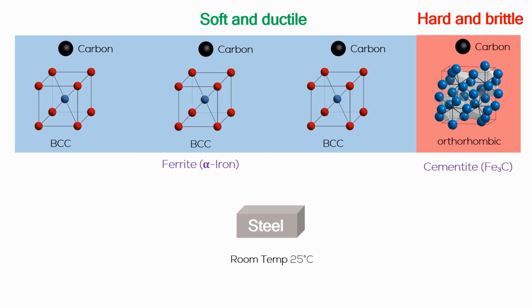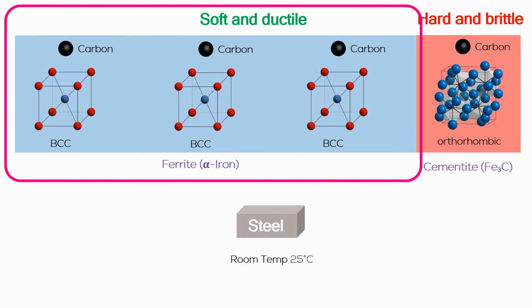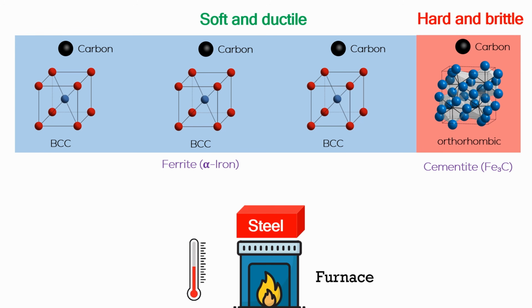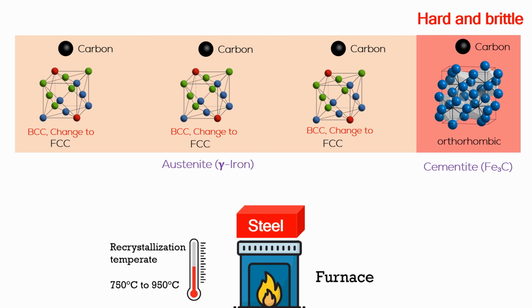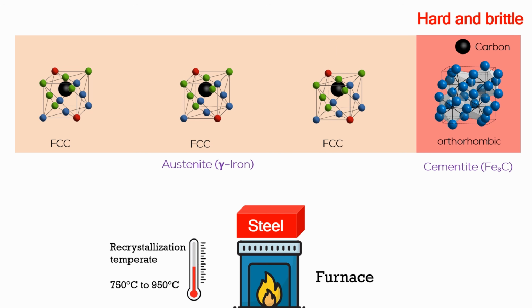To further increase the hardness of steel, we need to alter the crystal structure of the ferrite, because this is the soft phase of the steel. So we heat the steel to its recrystallization temperature, typically between 750 and 950 degrees depending on the carbon content. At this temperature, the steel phase is known as austenite, gamma iron, and in the austenite phase the FCC structure grains can dissolve more carbon.